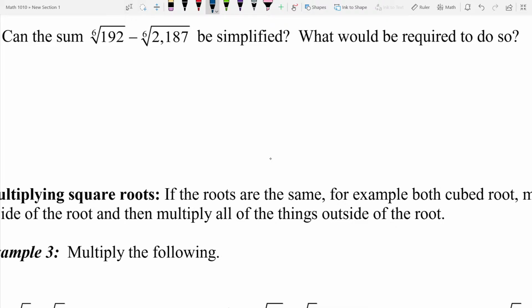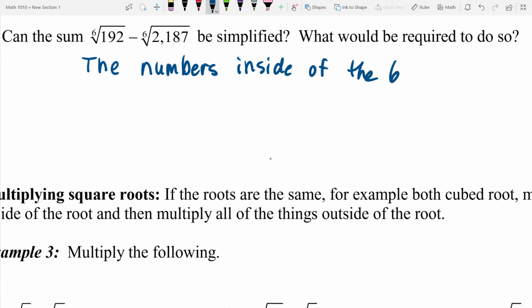I'm going to say the numbers inside of the 6th root must be the same. In order to add those, the numbers inside must be the same. Perfect. That's exactly what I was going to say. Must be the same.